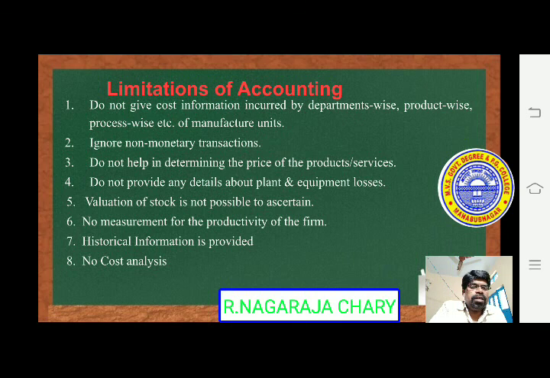But here what we are discussing, cost information, it does not give cost information incurred by the departments, incurred by the products, incurred by the process. That may not be possible by using accounting. So for that we have one more accounting, that is cost accounting. So in cost accounting we can give information department wise, product wise, and process wise, right.